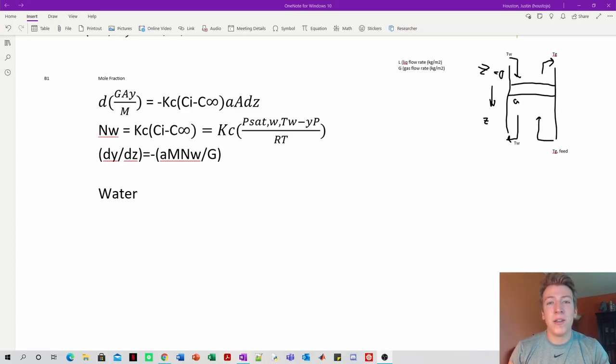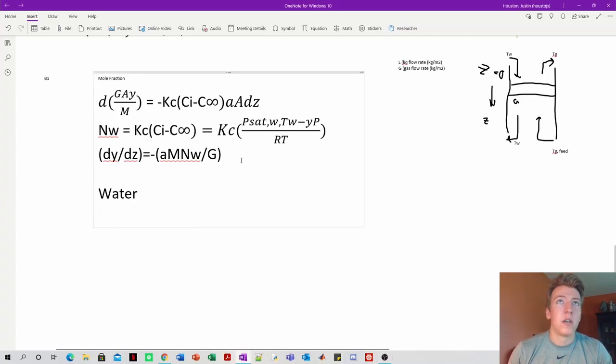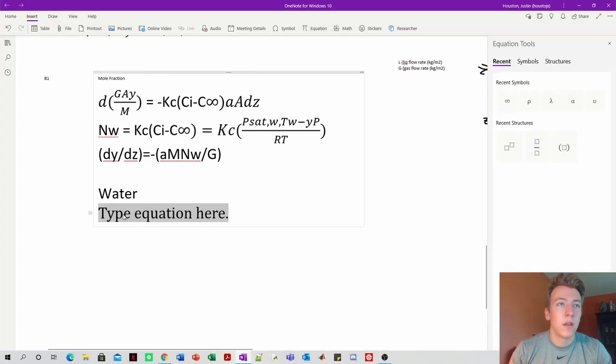Alrighty, so now we're going to be doing the differential equation for the water in the cooling tower. So in doing this, I'm going to insert an equation real quick. And what we want to look at here first is the change in enthalpy.